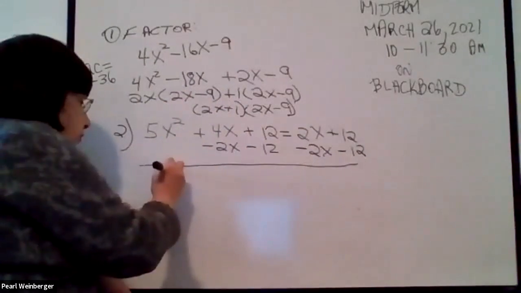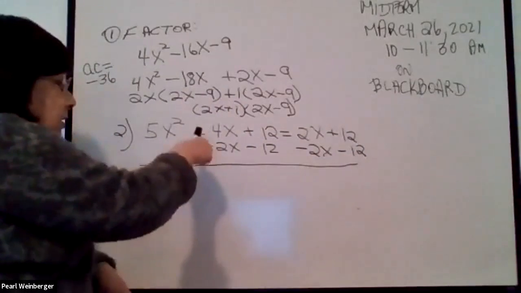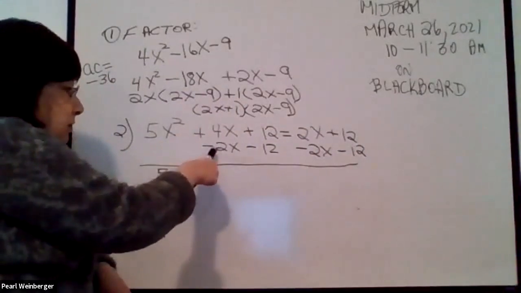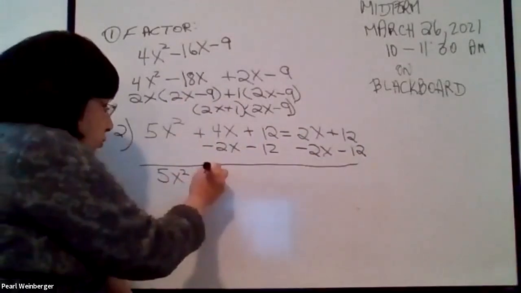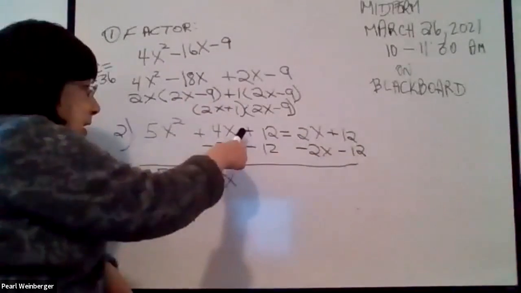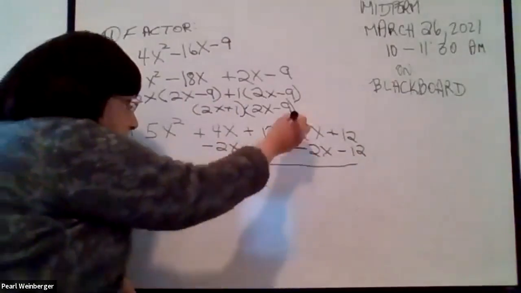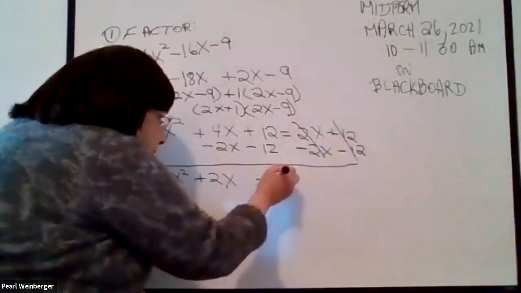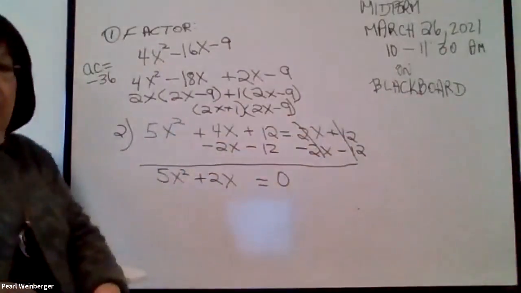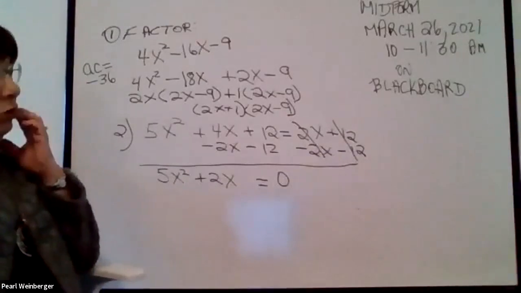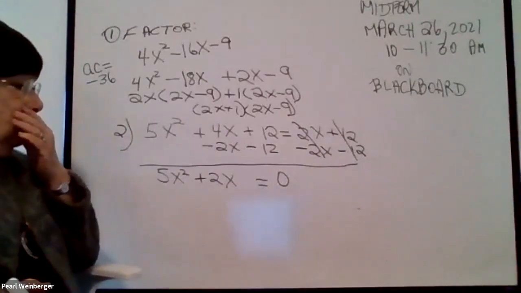So you end up with 5x squared, then a positive 4x and a negative 2x, which gives me a positive 2x. Plus 12 and negative 12 is 0, so I don't have to put that down. This canceled out, and this canceled out, so this is what I was left with. At least it looks a lot simpler. I don't have all those terms.